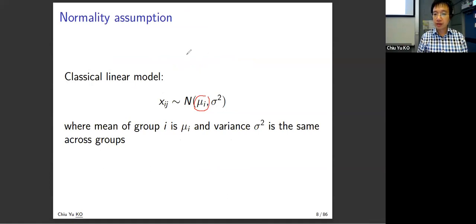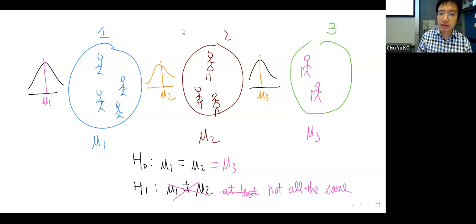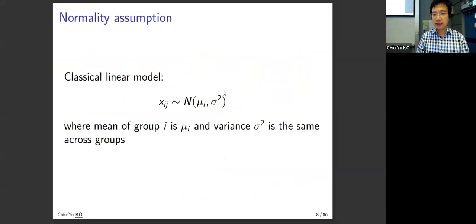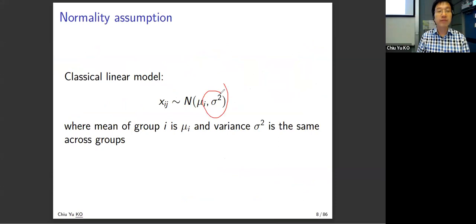Just go back to here. The problem we start with is here, mu1 is here, and here I have mu2, and this is mu3, okay? And you ask, what is the assumption here? The main assumption, the big thing, is the same variance.